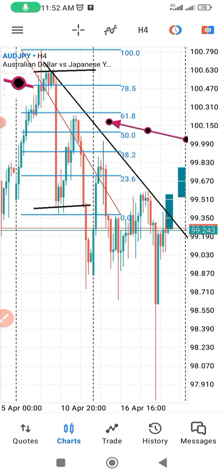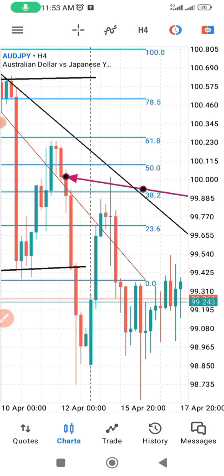And what do we do next? You see that price came back, pulled back into the zone of 61.8. When it pulled to this level, in that zone, it gave us a hanging man candlestick pattern, followed by this bearish candle.